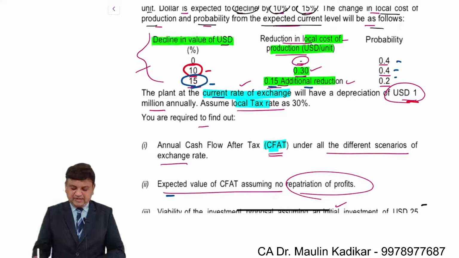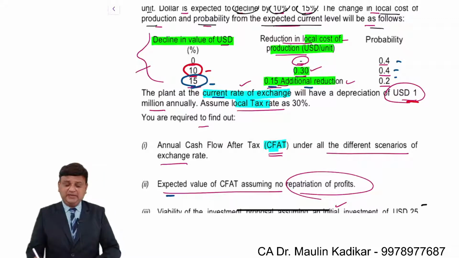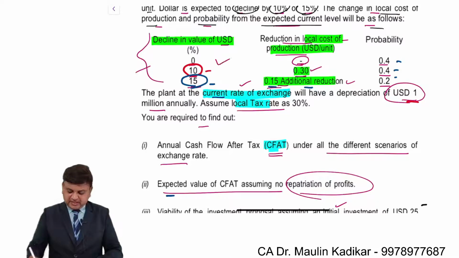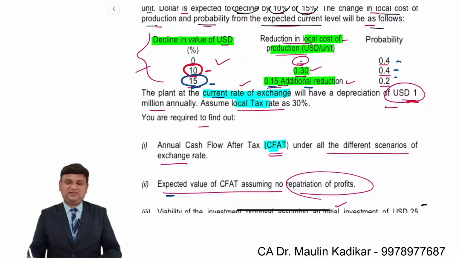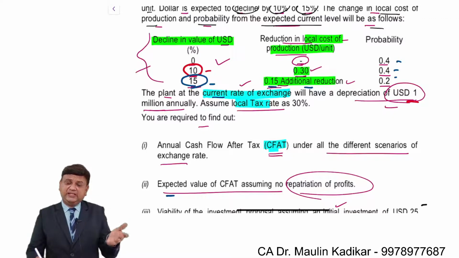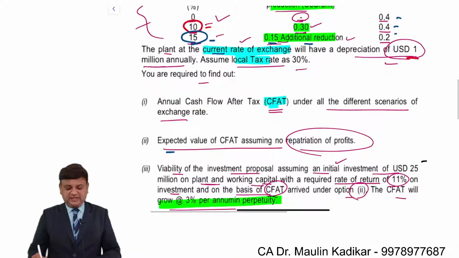Further, we have been given the decline in the US dollar. Now this information is connected with the depreciation. The plant at the current exchange rate will have a depreciation of $1 million annually. But if the exchange rate declines, then you will be able to claim less depreciation. Income tax rate, that's okay.